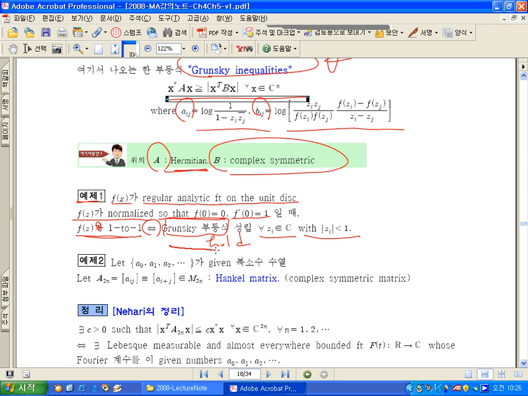So this inequality gives the condition for f to be a 1-to-1 function.